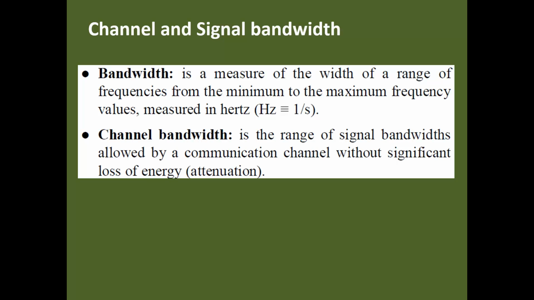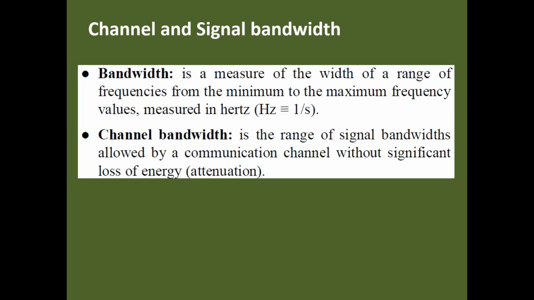Now, what is channel bandwidth? Channel bandwidth is a natural bandwidth which will be offered by the channel. So it is the range of signal bandwidths allowed by a communication channel without significant loss of energy. I mean, we will fix the attenuation levels, and within those attenuation levels, that means the signal strength has to be respectable.